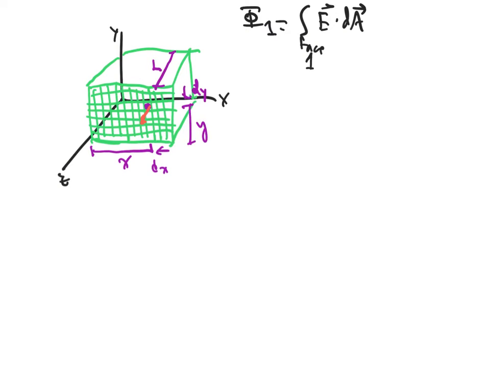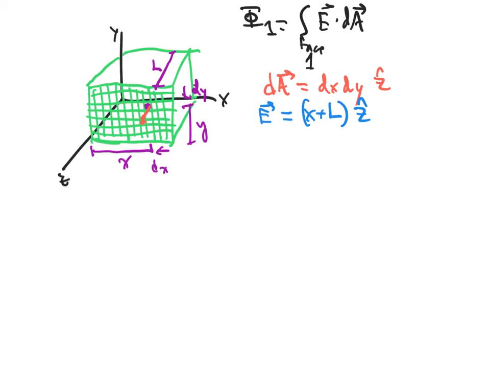So across face 1, dA is the area of that little tiny square, which is dx times dy, and it has a normal, which is z hat. And the electric field is x plus L, and has a direction which is z hat.